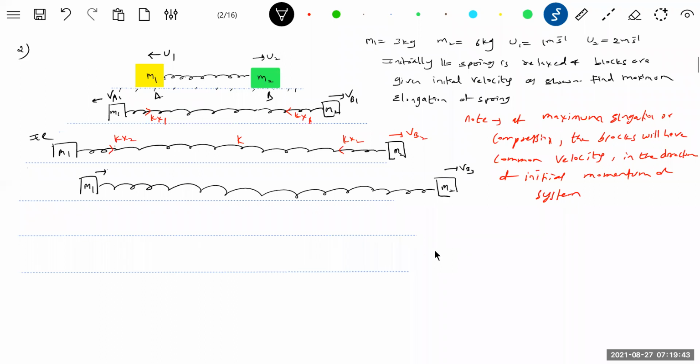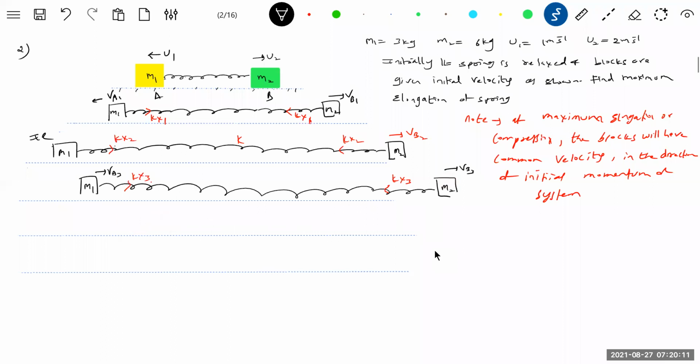VB3, VA3. The spring force will act in this direction. The spring is elongated now, so it will further decrease the velocity of this one and increase the velocity of this one. So at one instant both will have common velocity.